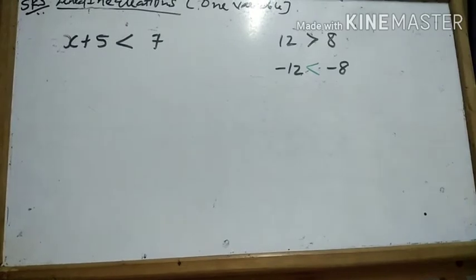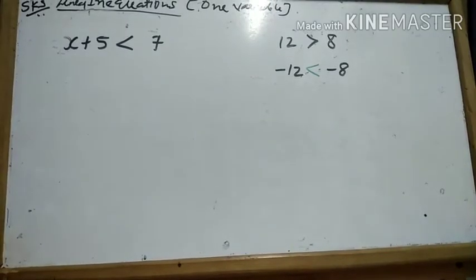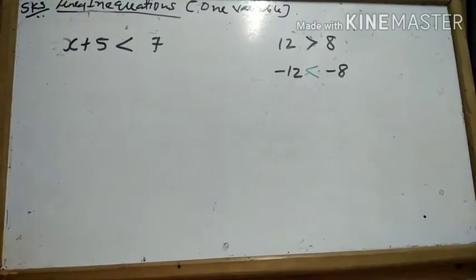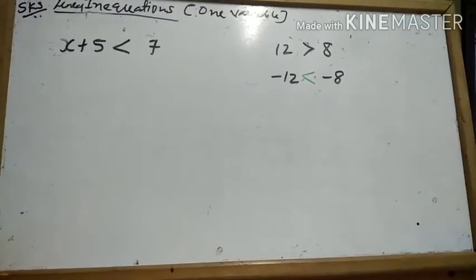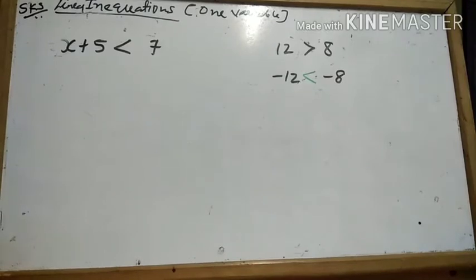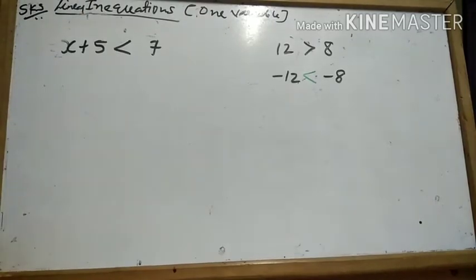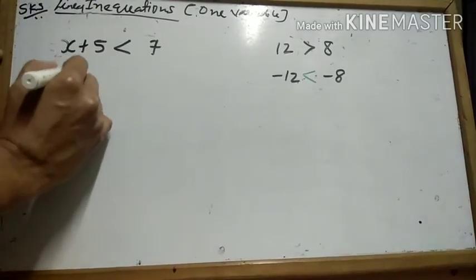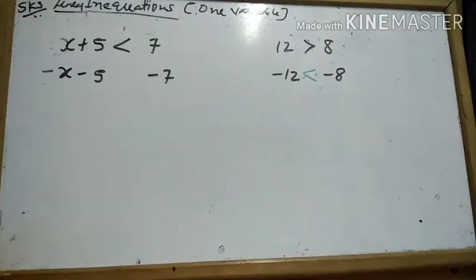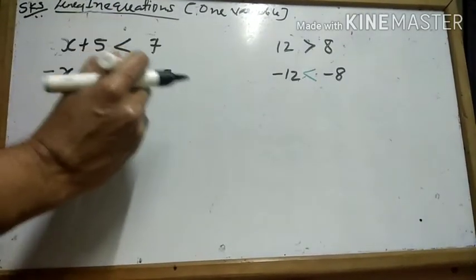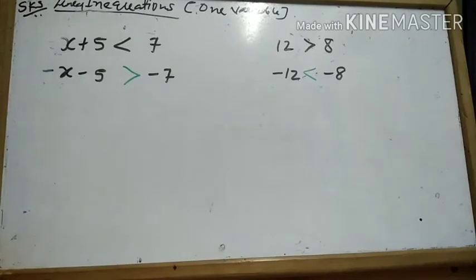What I mean to say is, if you change the signs of each term on both sides of the inequation, then the relation will change from greater than to smaller than, or smaller than to greater than. In this case, if I write down negative x minus 5 and here negative 7, if I am changing the sign of each one, then this less than has to be written down as greater than.